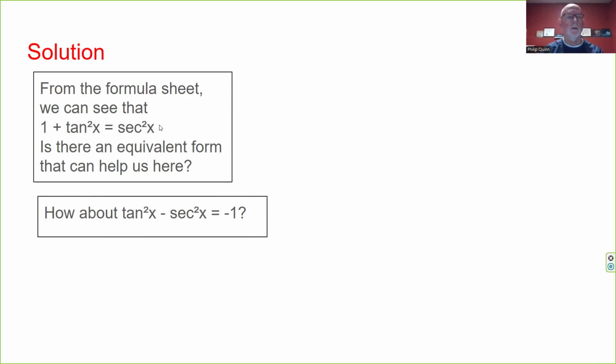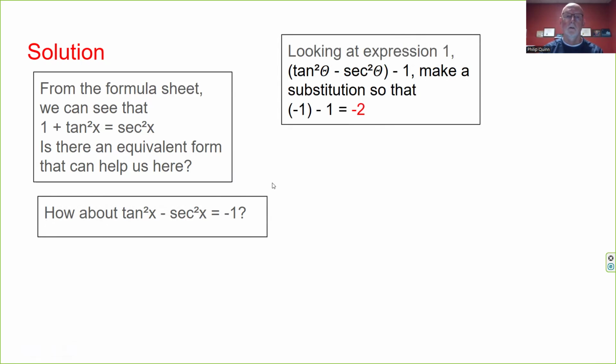In other words, if we subtract 1 from both sides, and then subtract sec²x from both sides, we would get an equivalent equation. Now we can use that to substitute. So instead of tan²θ minus sec²θ, we can substitute -1. And by doing that, it's -1 minus 1, which is -2. That's our numerical value for the first one.